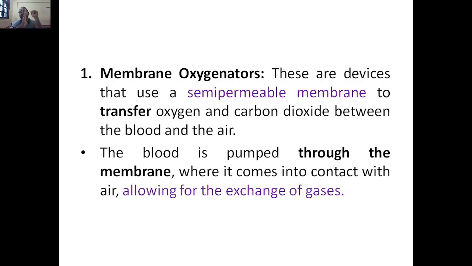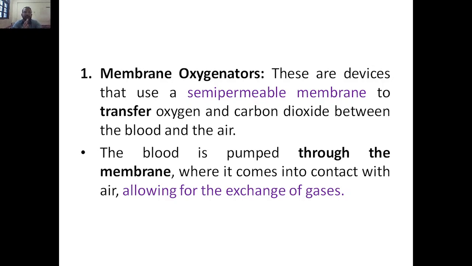And from the blood side, carbon dioxide is coming and that will go outside. So this membrane acts as a semi-permeable membrane. That means it allows only specific molecules through, that is oxygen and carbon dioxide, between the air and the blood.